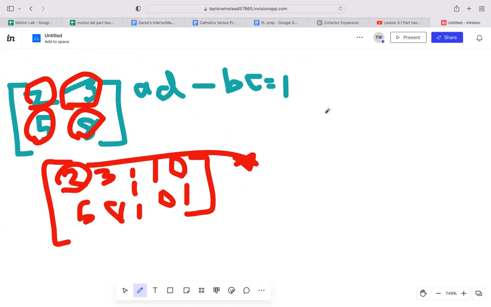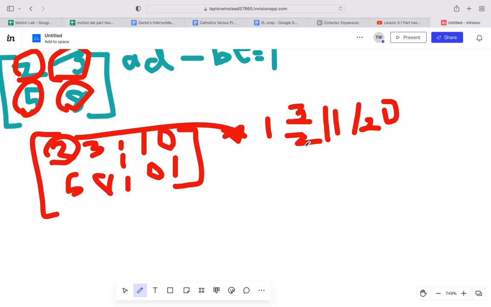But we would divide by 2, right? So we get 1, 3 over 2, 1 over 2, 0, right? And then we want to get rid of this 5 so that this is by itself. So we would take the 5, 8, 0, 1 and subtract some variation of this to get that.